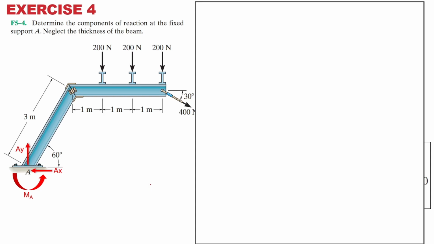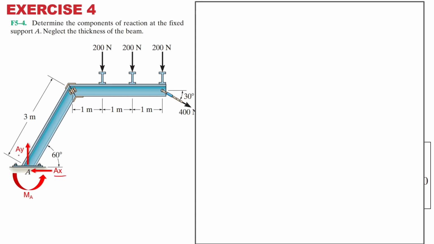So this is the next problem. You have fixed location A kan. Location A dia fixed, kita ada dua unknown lah, satu AX, satu AY. And then you have moment dekat A. Berapa moment, berapa AX, berapa AY.